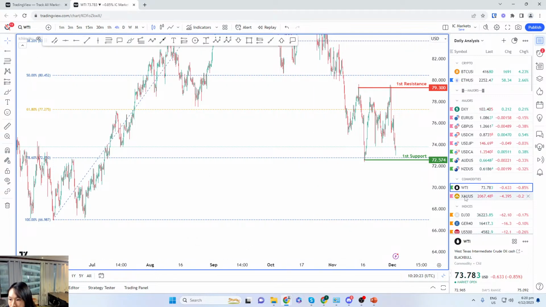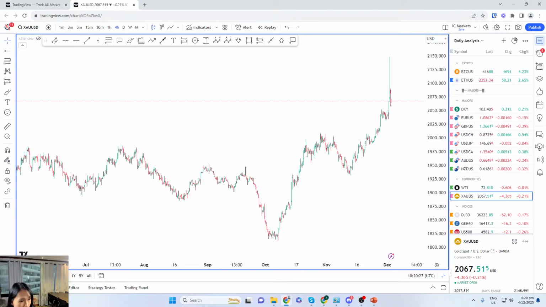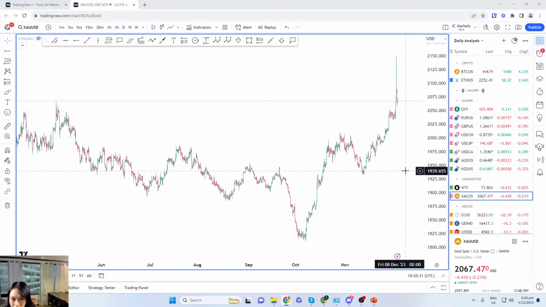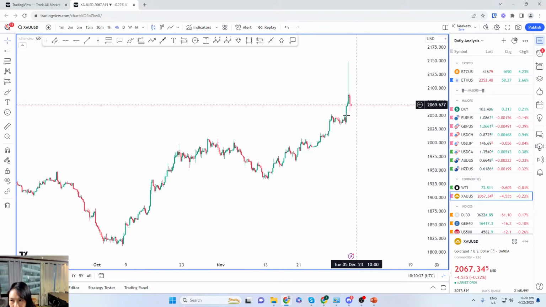Okay, let's look at gold. So gold has been up for a while and it has started to come down.